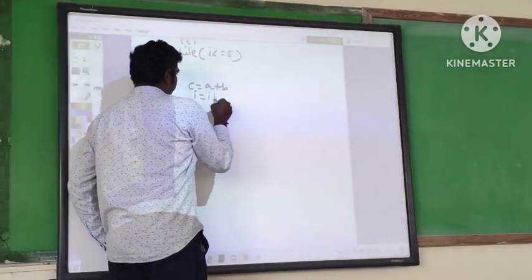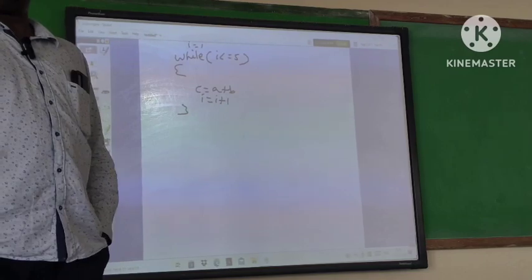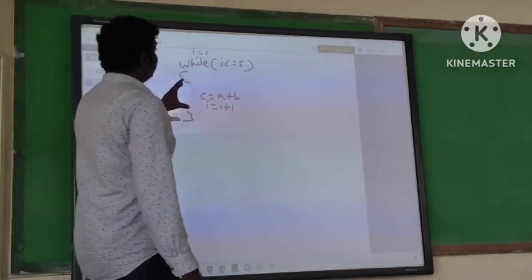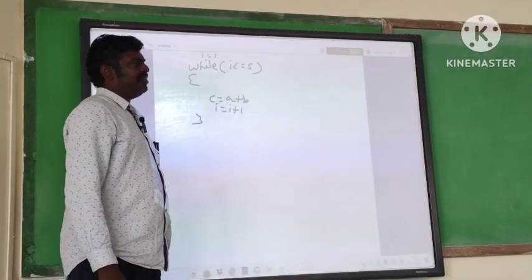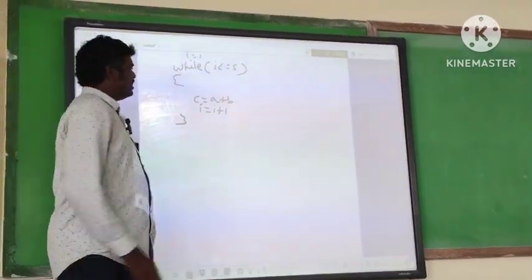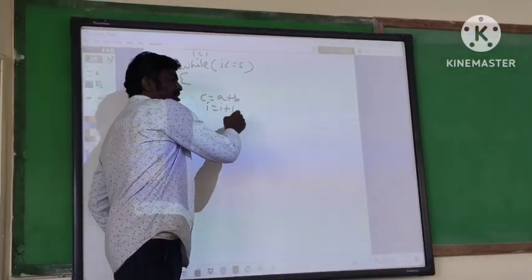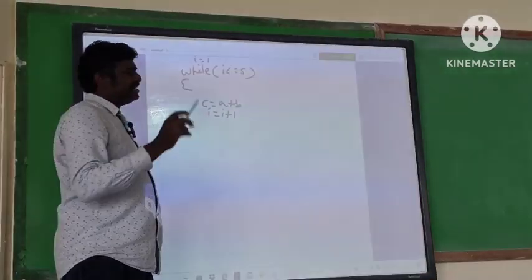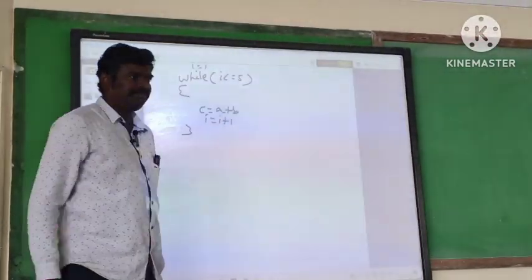Then I equal to I plus 1. Now closely observe this. I have two statements inside the loop. Which value does not change at all? C equal to A plus B does not change, whereas I equal to I plus 1 keeps on changing. So there is an impact for the second statement, but no impact for the first statement.